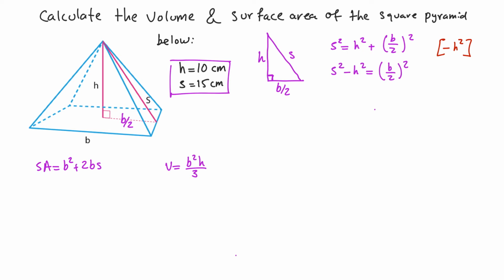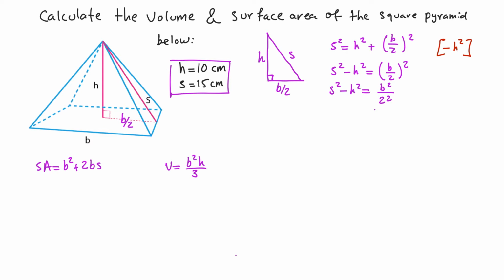Now there are many ways to approach this problem from here. I'm trying to isolate for b over here. What I will do first is square the b and the 2 here. I just want to get rid of this bracket. So I will do s squared minus h squared is equal to b squared over 2 squared.